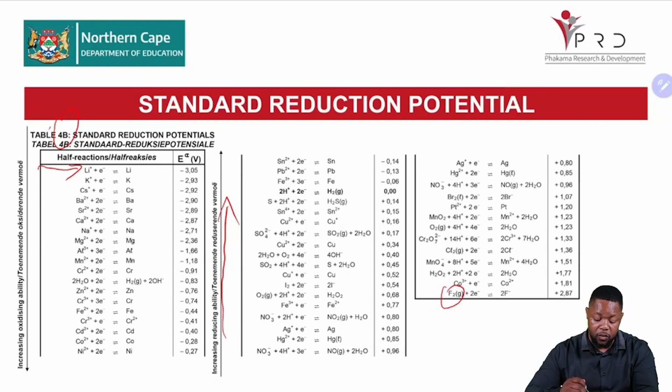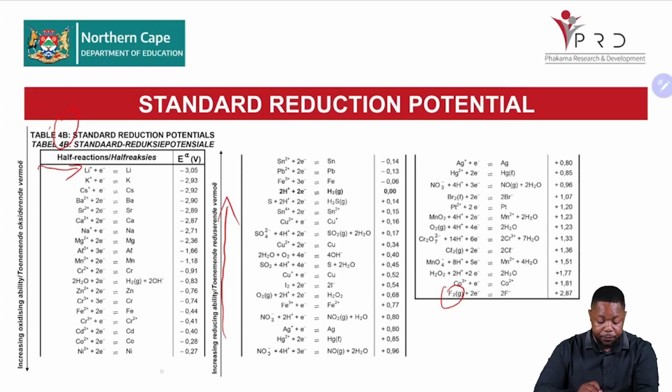We know the reducing agent undergoes oxidation. So this table tells us that lithium has the greatest reducing ability of all the substances on the table. This indicates that if lithium reacts with any other substance in the table, lithium will undergo oxidation, and the other substance will undergo reduction.